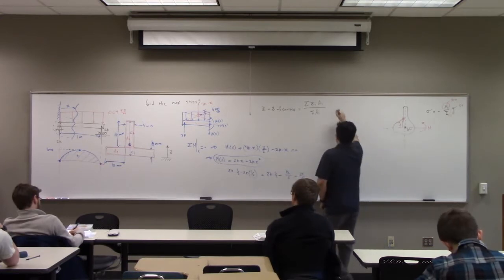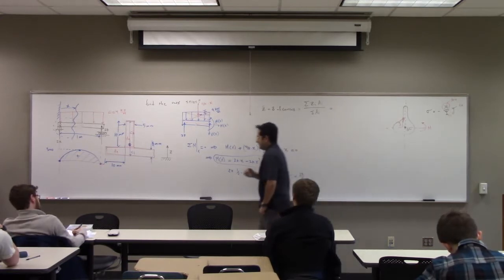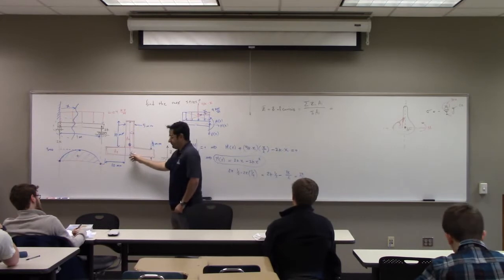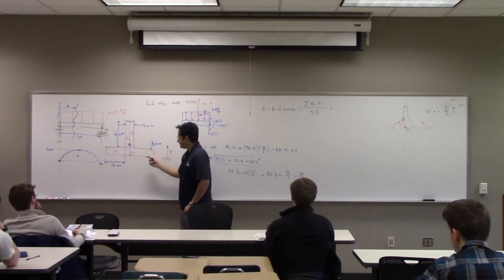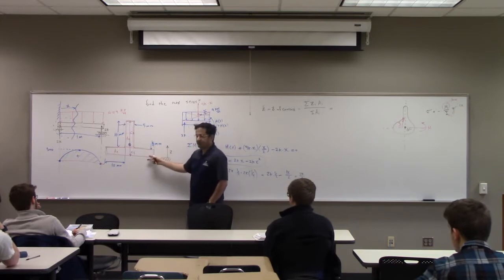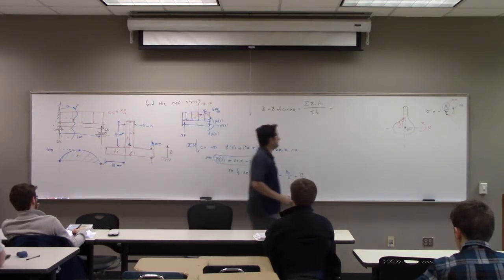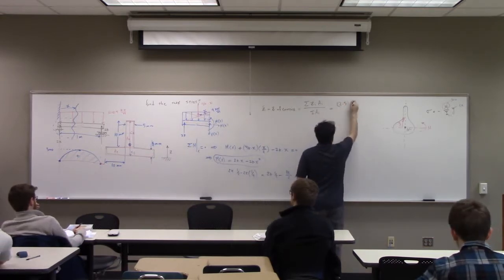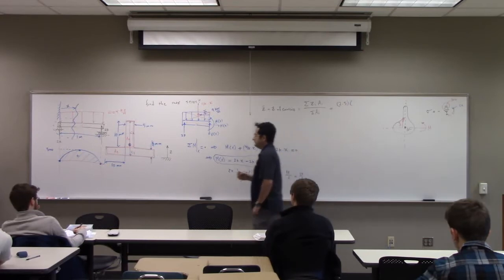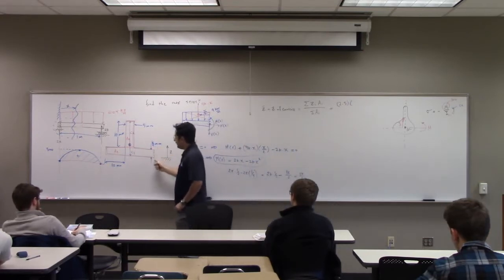So you get the centroid of shape 1, which is, if that's 5 millimeter, 2.5 times the area of shape 1, which is 5 times 25.